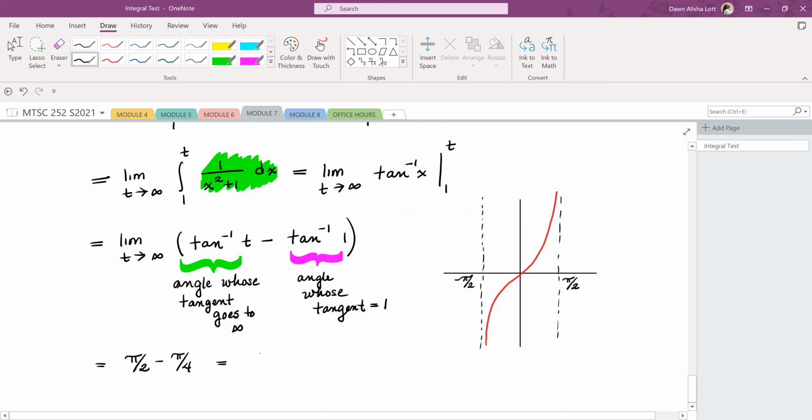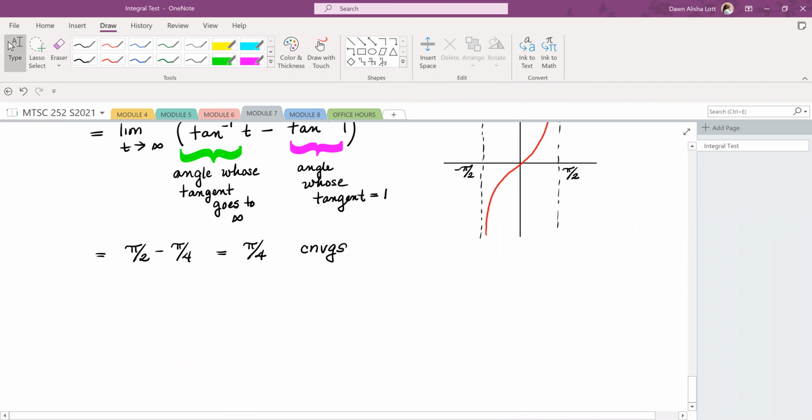So this answer is pi over 4, and therefore it converges. So that implies that the sum n equals 1 to infinity of 1 over n squared plus 1 also converges.